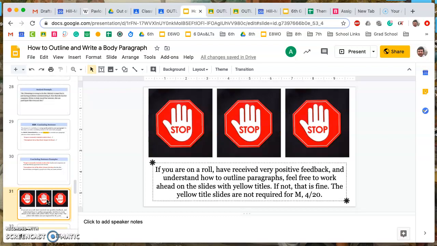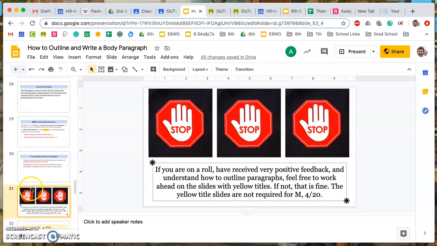Now, again, body paragraph 2 is due tomorrow at 2:30 on your outline drafts. You should have some feedback on that by Thursday, so that you can revise them, but these are due tomorrow by 2:30.